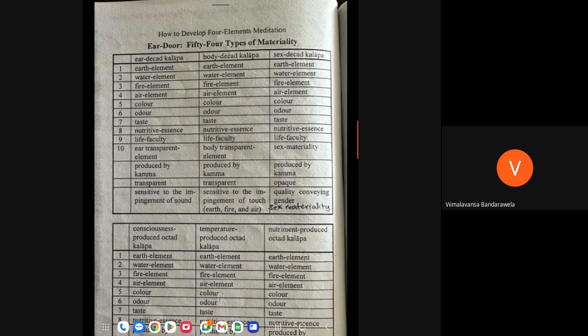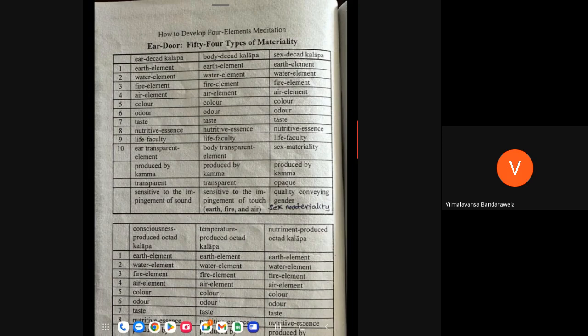If you see that touching of the sound, you must be very quick, because thereafter this rupa kalapa vanishes or disappears. Then you try again. Before it vanishes, you need to quickly understand the earth element, water element, fire element, air element, and also the color, odor, flavor, and nutritive essence.